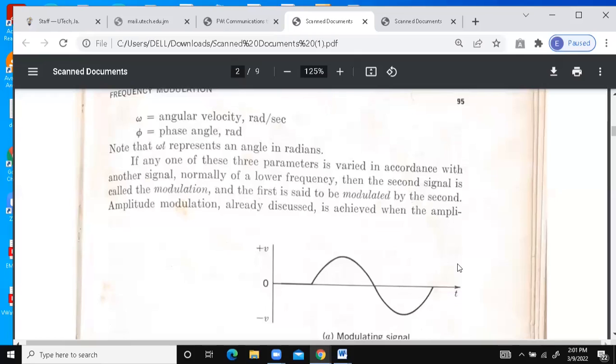Your question is why some get louder and some get lower. Depending on where you are on this wave, your instantaneous voltage is going to be different.